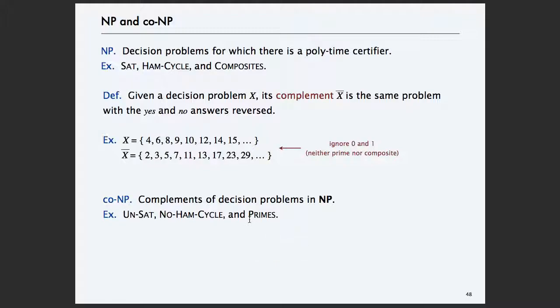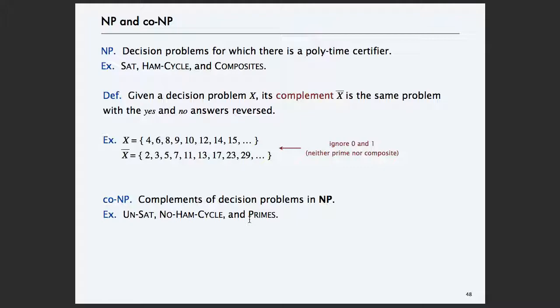So we call those co-NP. They are the complement of decision problems in NP. Co is for complement, right? Notice that we are defining a problem with a very specific thing. A problem is a set of strings for which your algorithm would return yes.